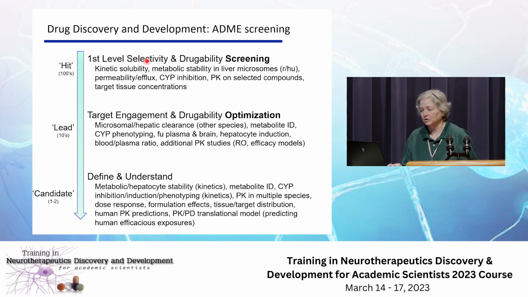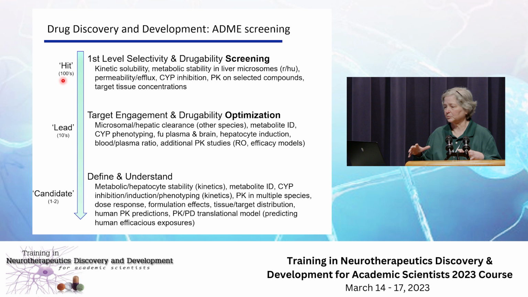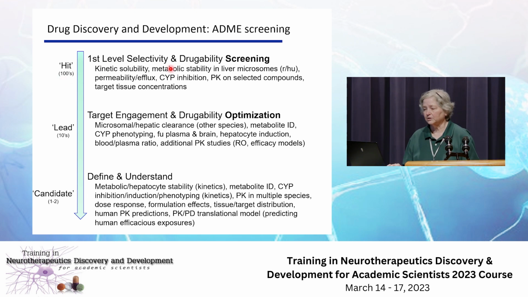Pick assays early that you might want to run on hundreds of compounds that don't need very much compound at all. Small amounts of compound, high throughput assays to help you understand things like solubility, metabolic stability, as was mentioned before, in both a rodent species that you might be using for an in vivo assay as well as human, because we are in the business of developing drugs for humans.